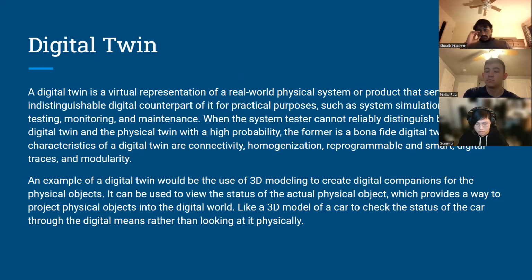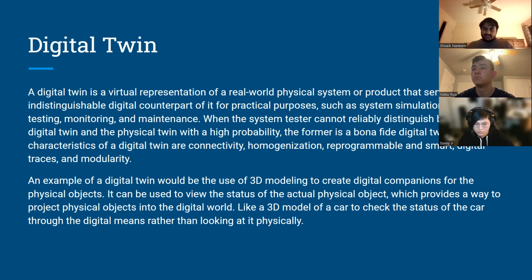A digital twin is a virtual representation of a real world physical system or project that serves as an indistinguishable digital counterpart for practical purposes, such as system simulation, integration, testing, monitoring, and maintenance.